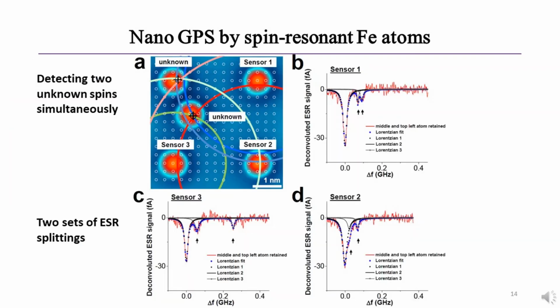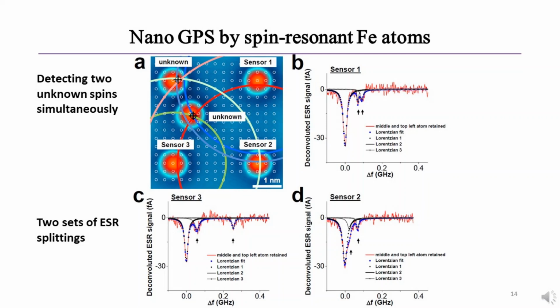Furthermore, we can see from figure A that the author explored how to detect 2 unknown spins simultaneously with these 3 sensor iron atoms. From figure B to figure D, we can see that each sensor exhibits two sets of ESR splitting.